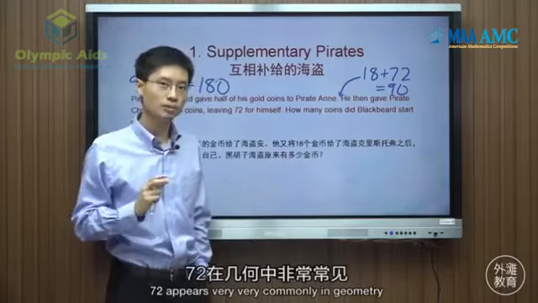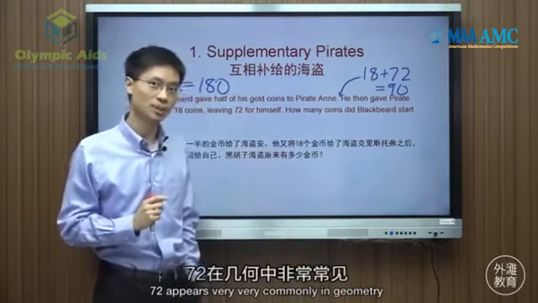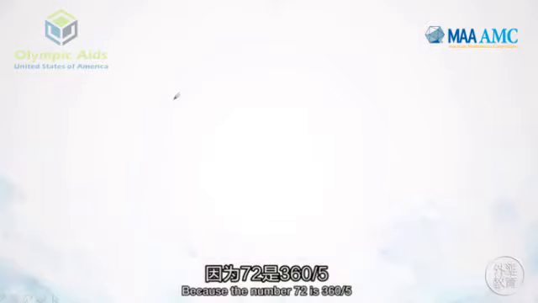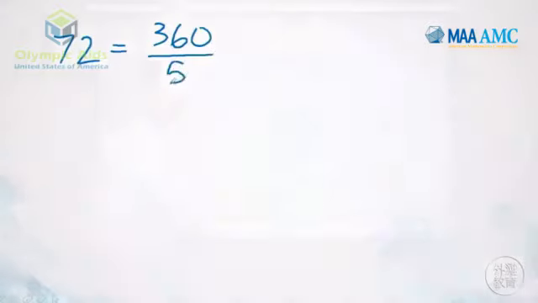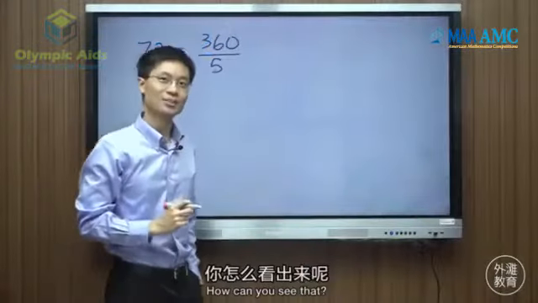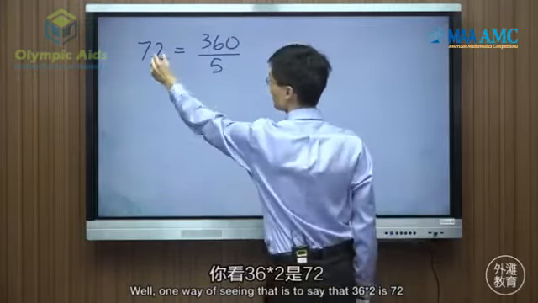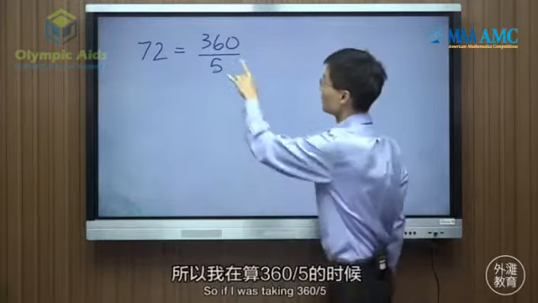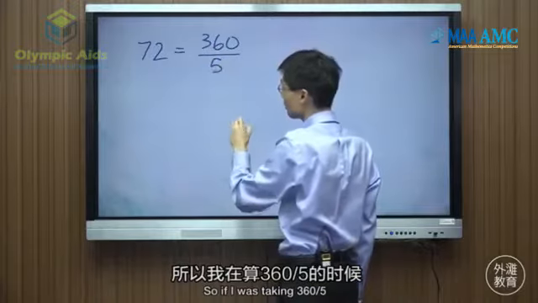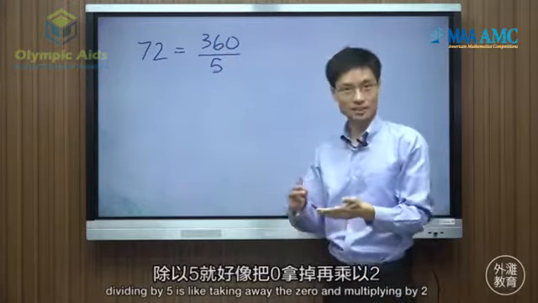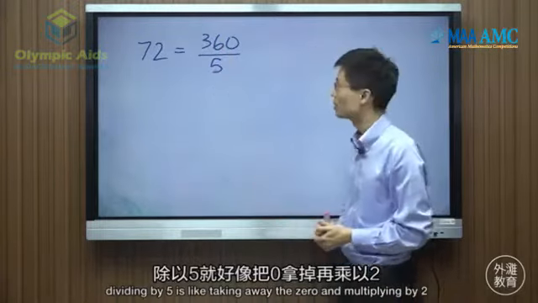72 appears very, very commonly in geometry because the number 72 is 360 divided by 5. How can you see that? Well, one way of seeing that is to say that 36 times 2 is 72. And so if I take 360 divided by 5, dividing by 5 is like taking away the 0 and multiplying by 2.